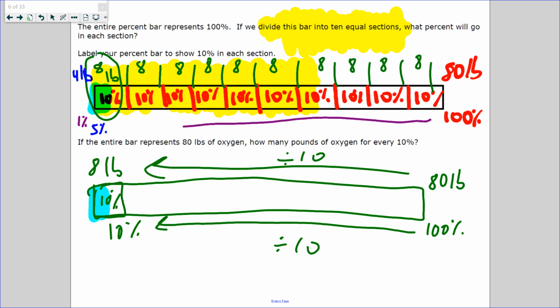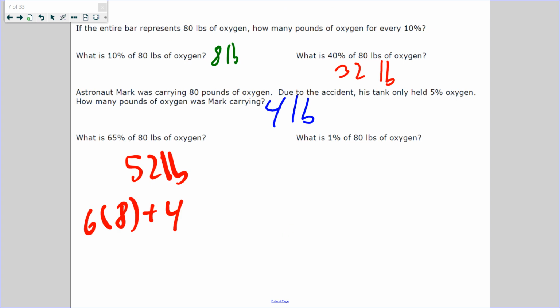The relationship between 100% and 1% is divide by 100. So what is 80 divided by 100? 100 goes into 80 0 times. Annex a 0, bring it down. 100 goes into 800 8 times, so 0.8.